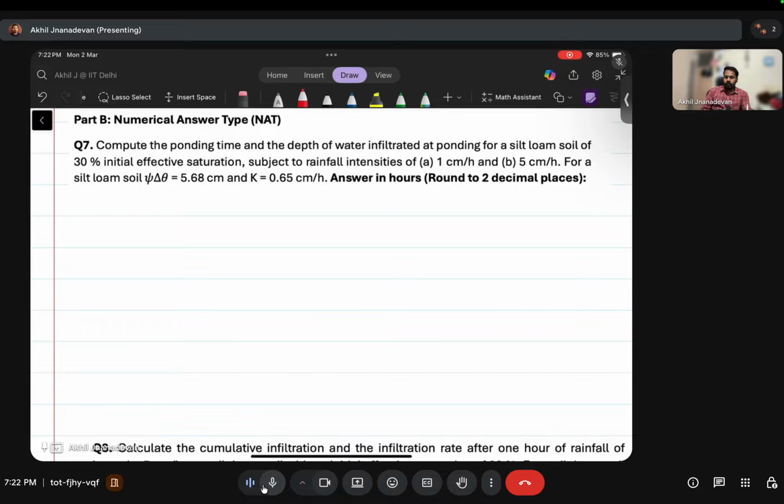So the first question is compute the ponding time. So we need to find the ponding time and the depth of infiltrated water at ponding for a silty loam soil with effective saturation 30%, subject to a rainfall. Two rates are there. One is 1 centimeter per hour and 5 centimeter per hour. And these are the values we need to consider for a sandy loam soil, right? So we can start solving this.